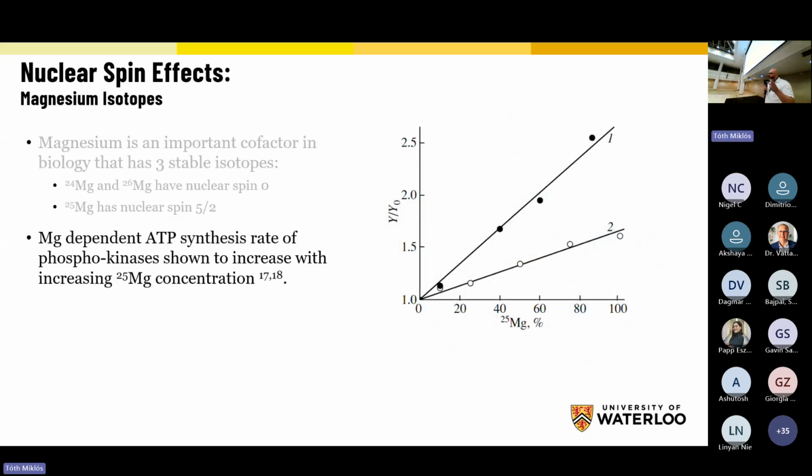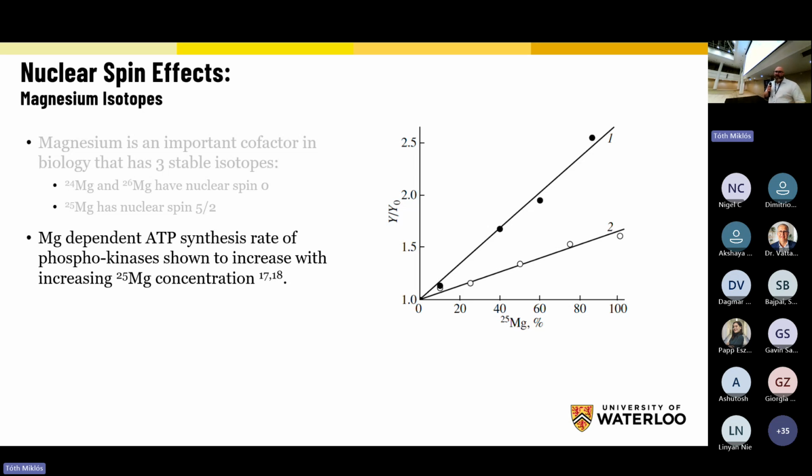Now, there's a history of magnesium-dependent magnetic field effects in the literature, primarily looking at ATP synthesis or ATP metabolism. This is some of the work done by Anatoly Buchachenko, which showed that the ATP synthesis rate of 2 key phosphokinases can be dependent upon the concentration of magnesium-25 in solution.